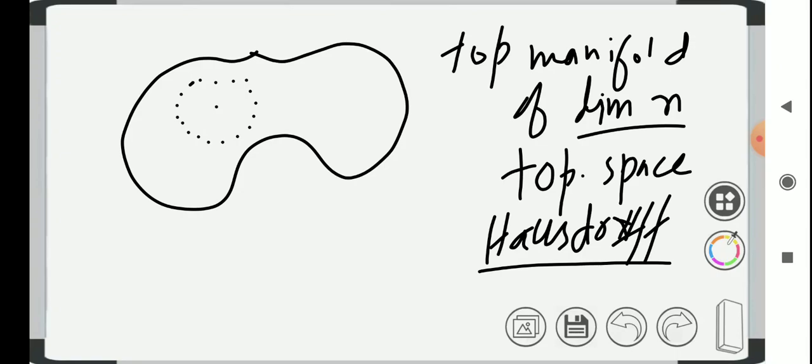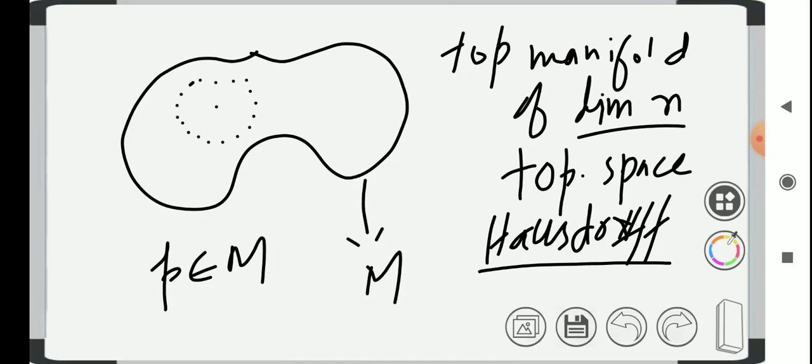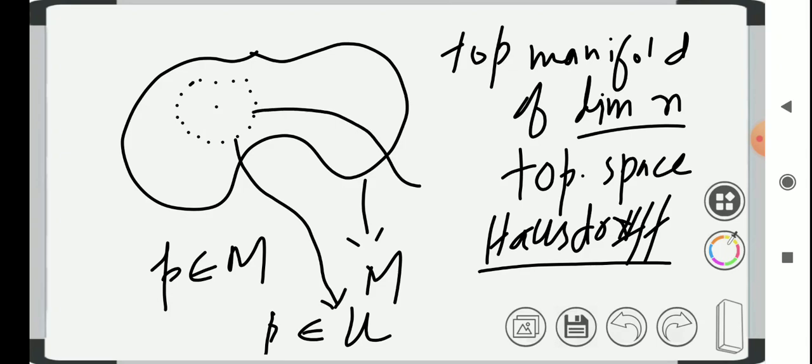Also around each point P of M, for each P belonging to M, which is our manifold, we have a neighborhood U, which I have shown here by dotted lines.